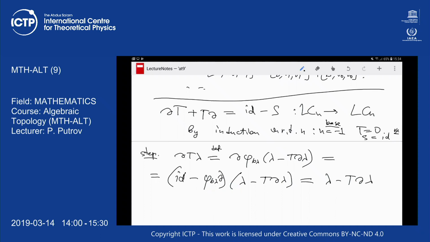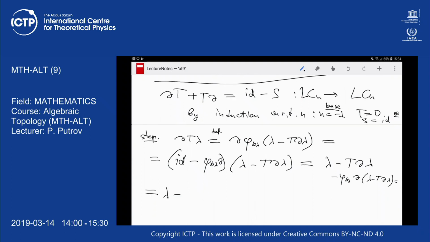And then there will be minus phi d lambda, d lambda minus T lambda. So let me just rewrite this thing.